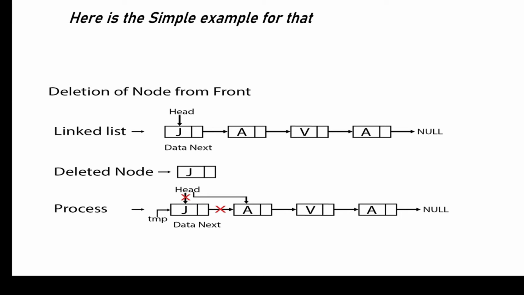Then move the head to the second node of the linked list and disconnect the connection of the first node to the second node by deleting the temporary variable. Then free the memory occupied by the first node, that is, J is deleted.